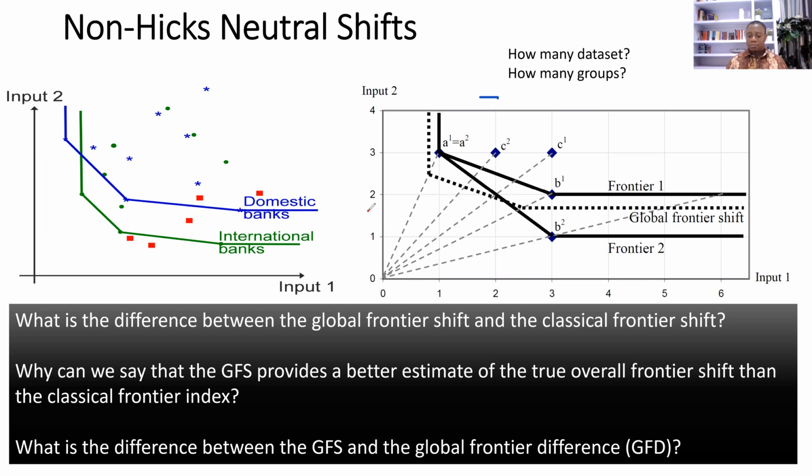And then the global frontier difference is the relative change in, I don't want to use difference again, but if we want to compare a technology at a particular time with a global technology, we then get the global frontier difference.